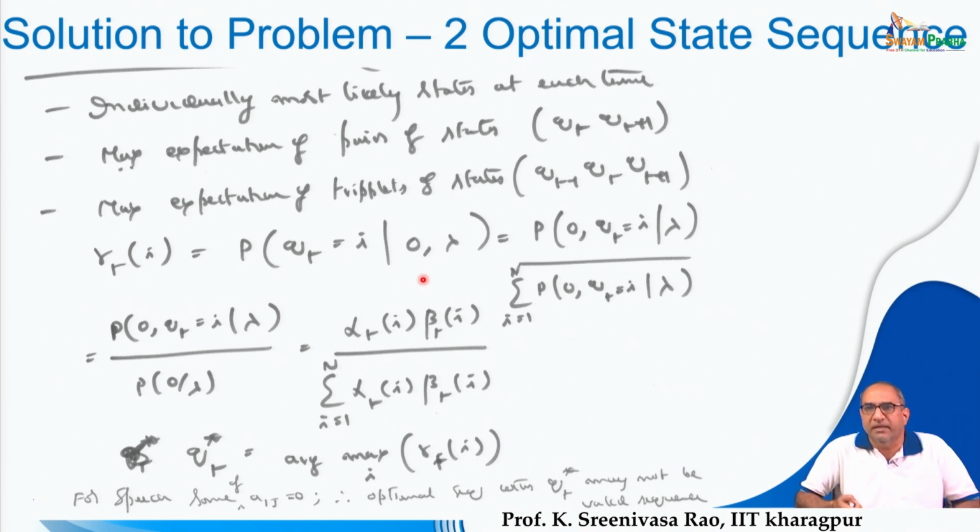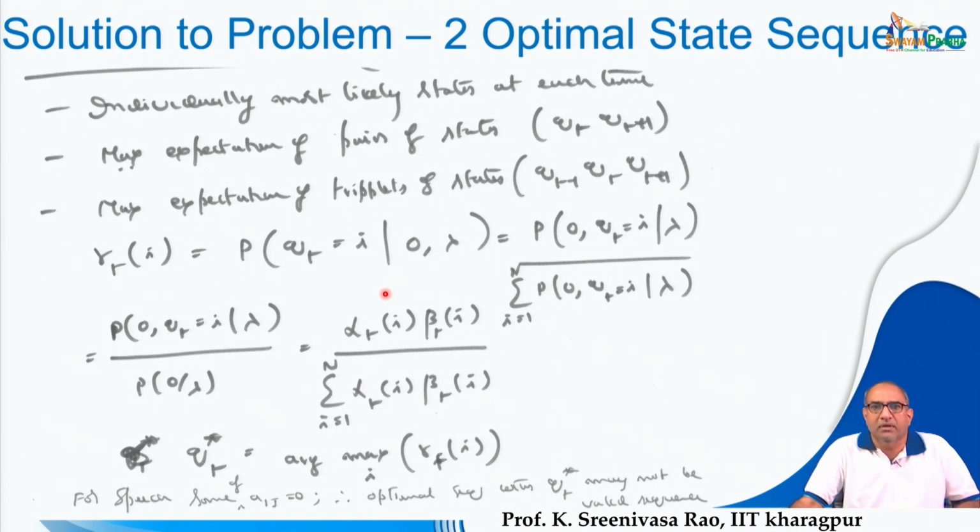At a particular time there are n possible states, and out of them, from the observation sequence, we find the best state at that time instant. The sequence of those states can be viewed as the optimal state sequence in one way.